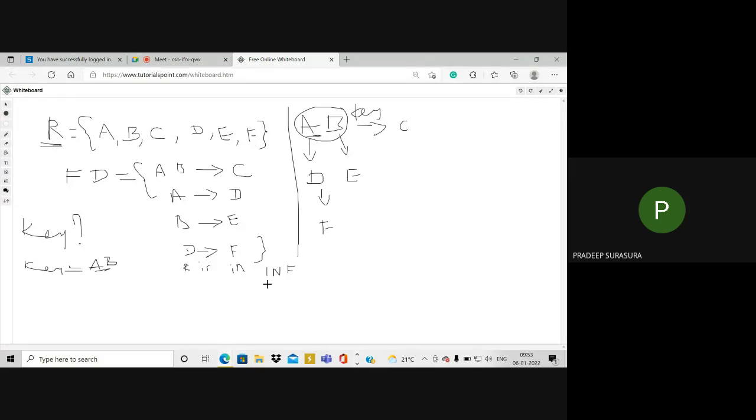The alternate definition can be written like this: a relation R is said to be in 2NF if it satisfies 1NF, and non-prime attributes must be fully functionally dependent on the key. This is the alternate second normal form definition. So write down the second normal form definition.